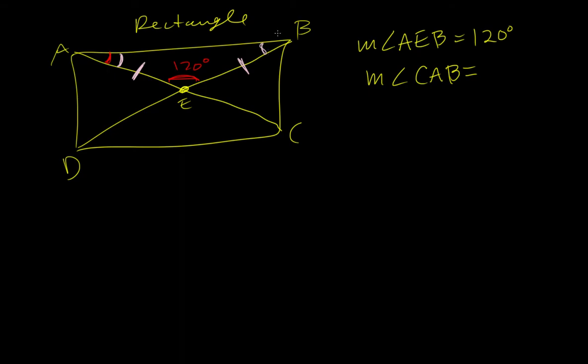So, since all of these have to add up in this triangle, they have to add up to 180 degrees. If we take 180 minus 120, we get 60 degrees, and that has to be split evenly between these two base angles. And so that's how we know that it's 30 degrees. Okay.